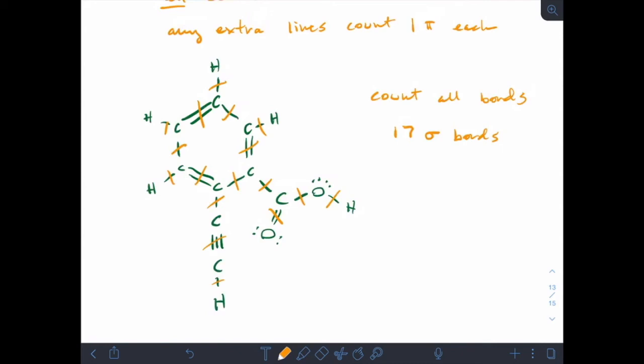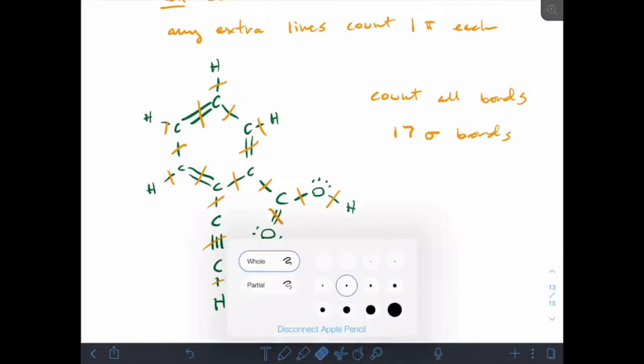Okay, so now I'm going to back up here. Sigma bonds. Let's see if I can delicately erase things to clean things up, especially in our double and triple bond places. Any place that you have an extra line counts for a pi bond.